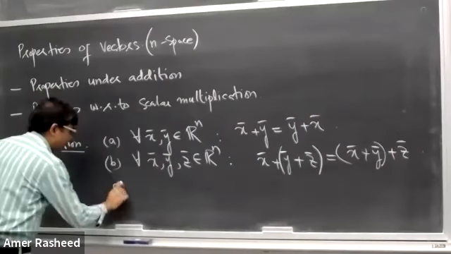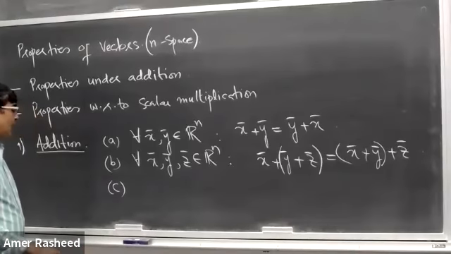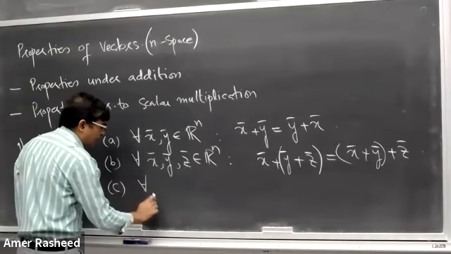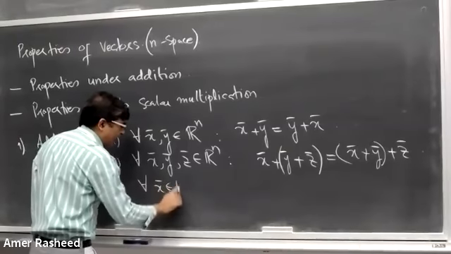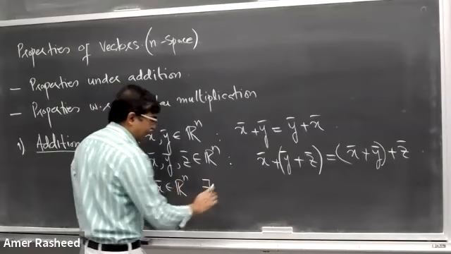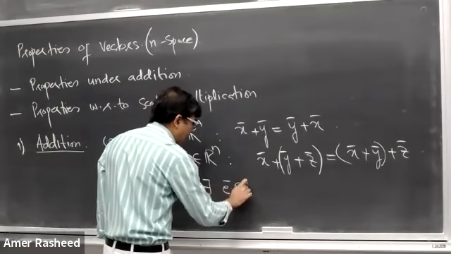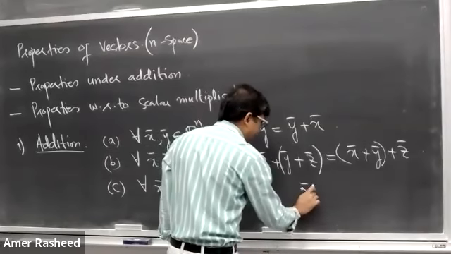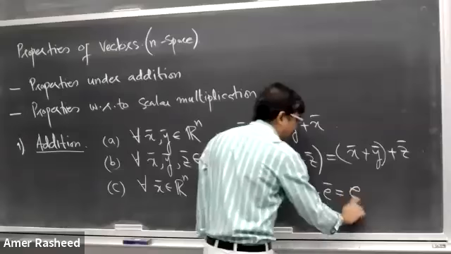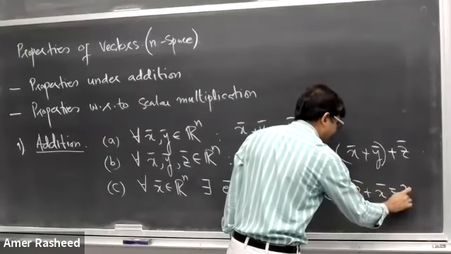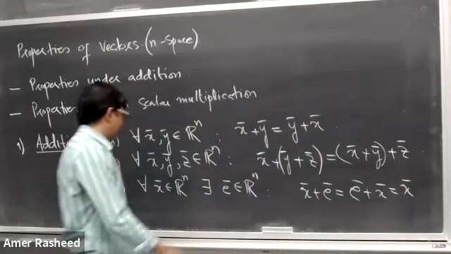Another property which we defined was identity element: for all x belongs to Rn, there exists E belongs to Rn such that x plus E is equal to E plus x is equal to x.